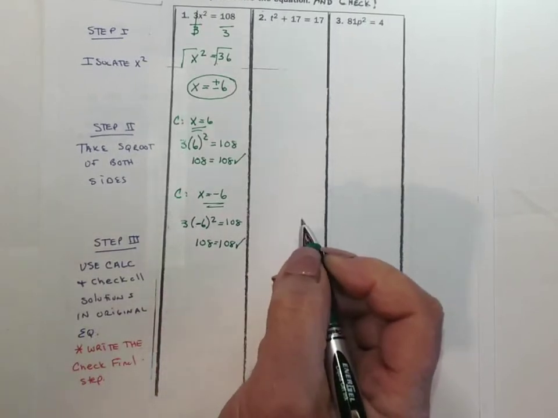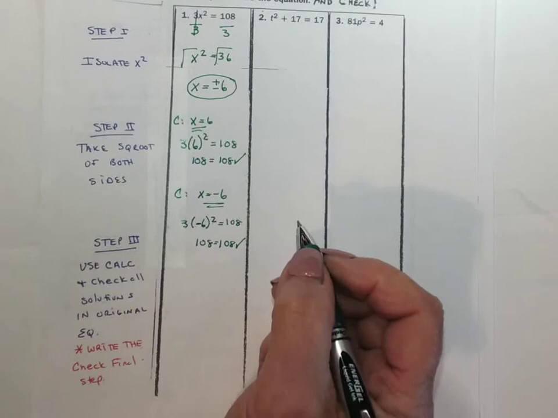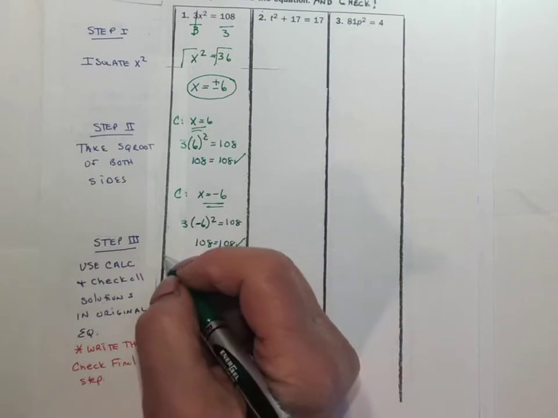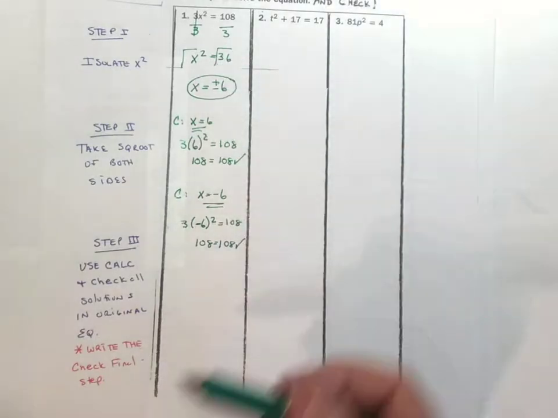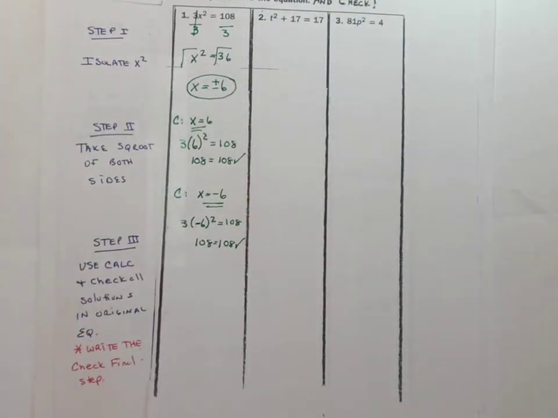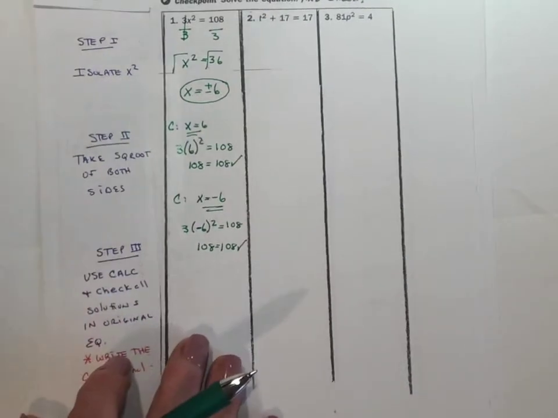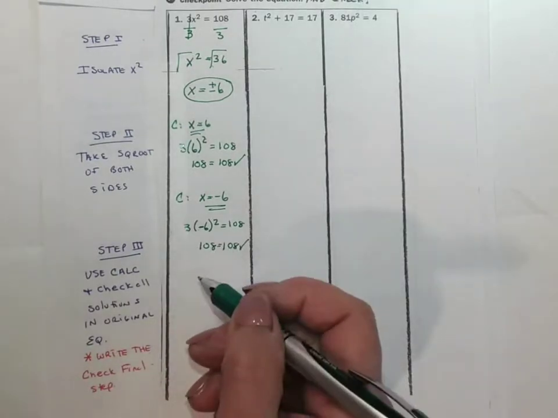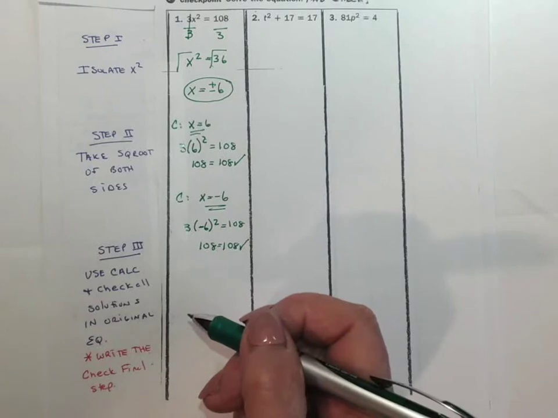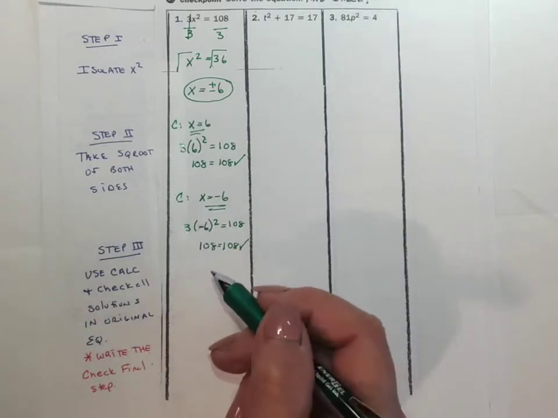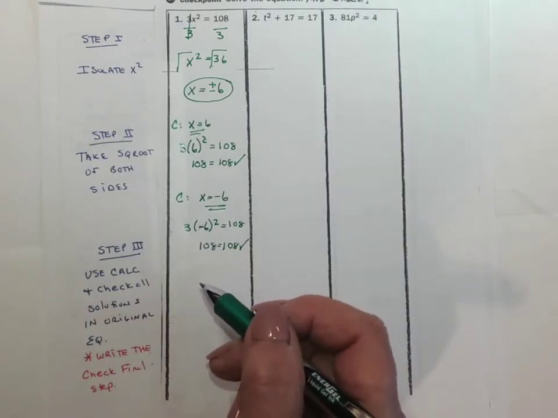And it checks. So for your notes, make sure you correctly show the checks. And I'm going to count on you for your homework to use your calculator and do the checks to make sure you have the right answers.